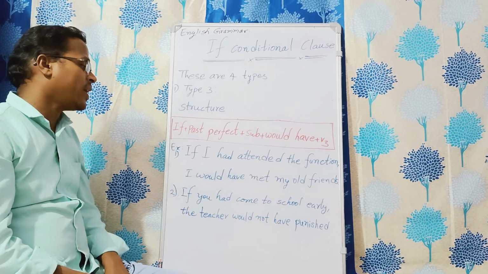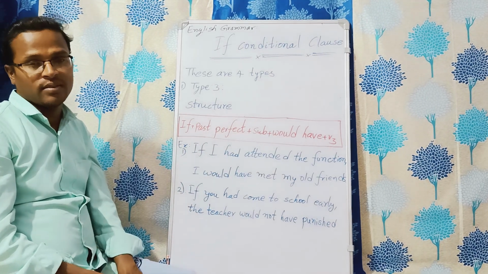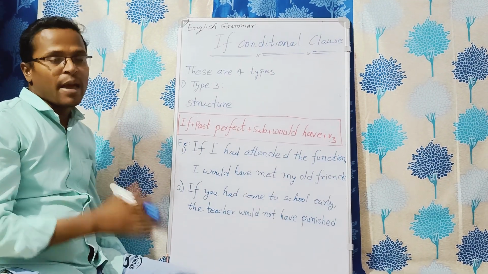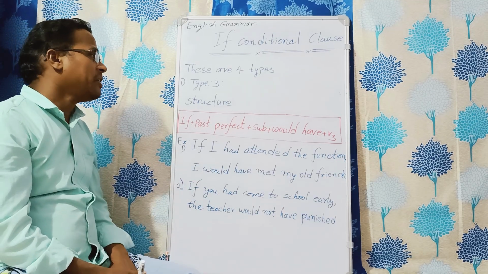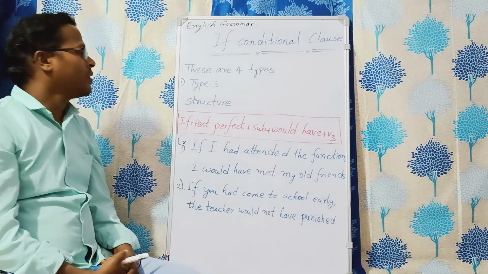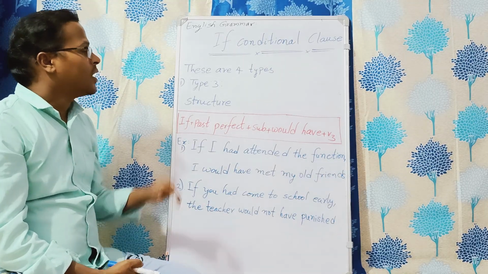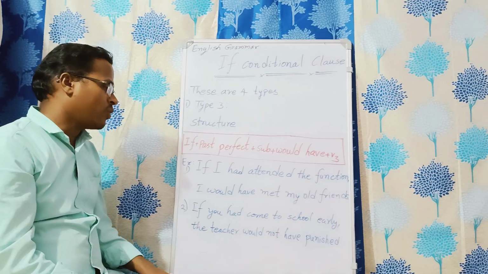But in type 3, it is the past happening that might have been done in the past, but it didn't happen. Okay, so this is the main difference between type 2 and type 3. So I hope you understood type 0, type 1, type 2 and type 3.